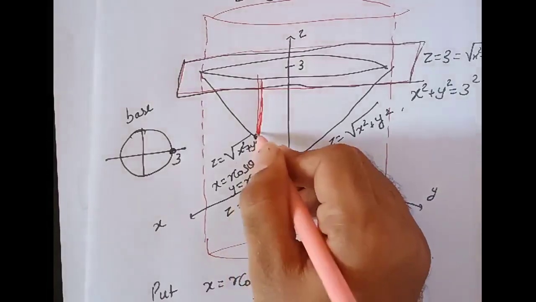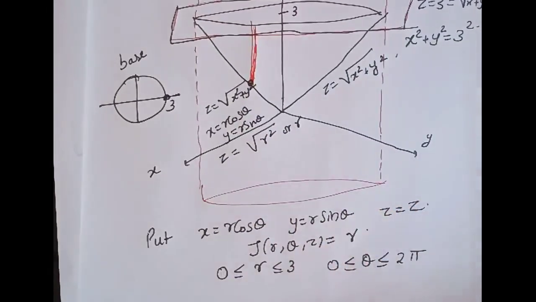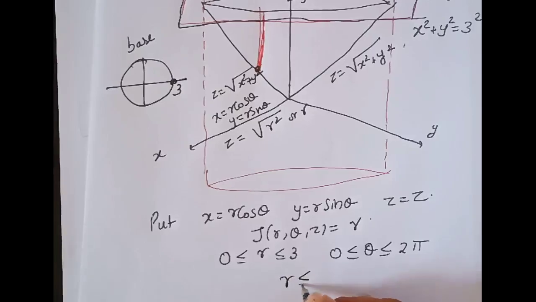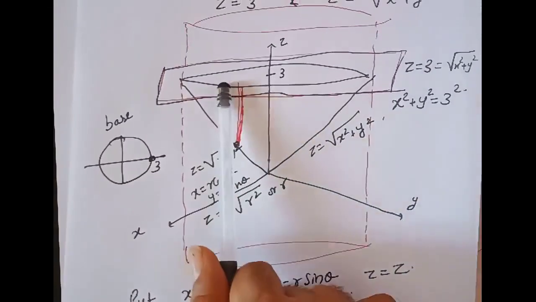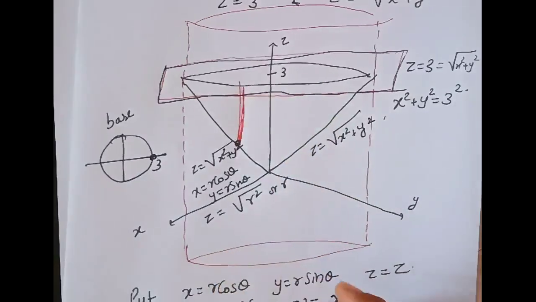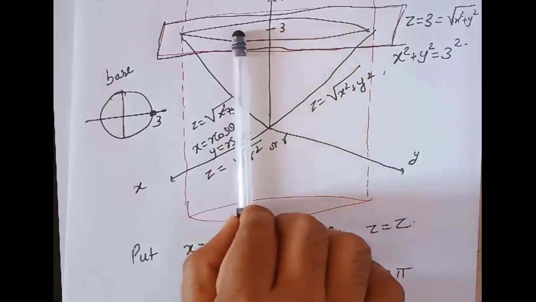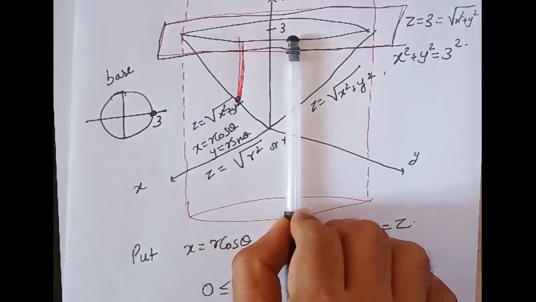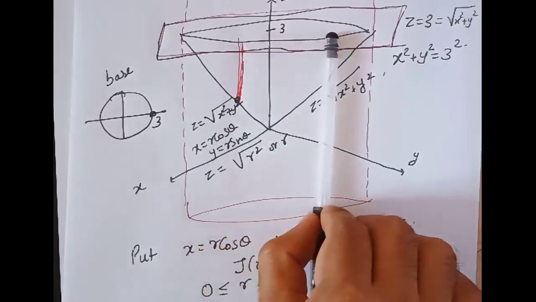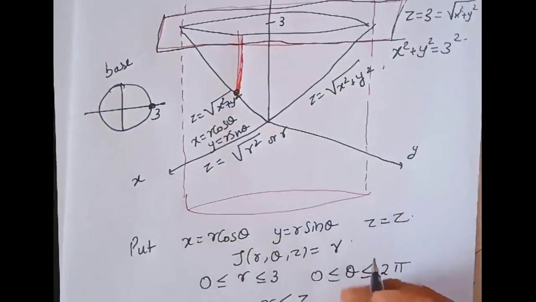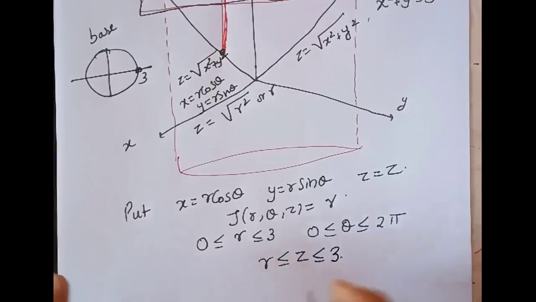Okay, so the lower end of z is r, and the upper end of z is on the plane. So the strip is moving like this. We can see the lower end of the strip is always on the cone and the upper end of the strip is always on the plane. So z goes from r to 3, right? So this is our region, this is our limit.